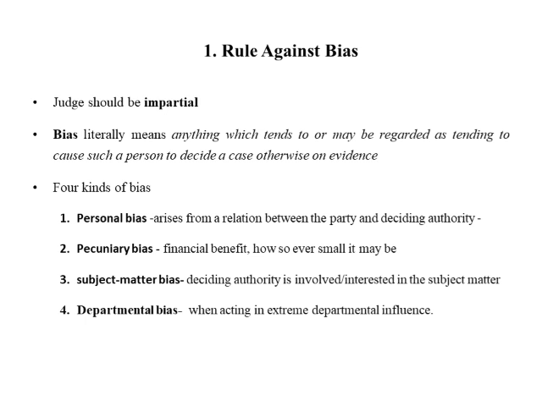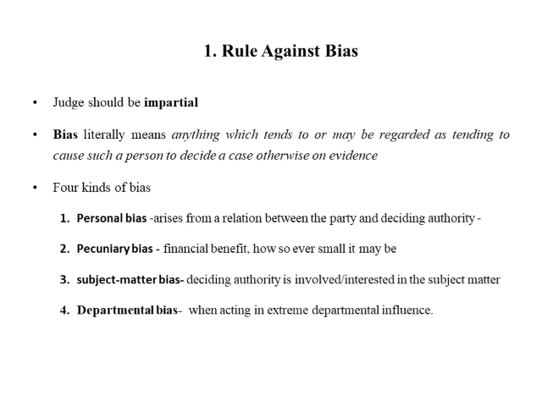Bias literally means anything which tends to, or may be regarded as tending to, cause such a person to decide a case otherwise than on evidence. A judge should decide the case solely based on the evidence available. He should be impartial. There are four kinds of bias.